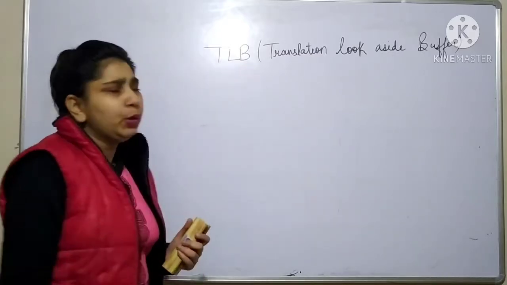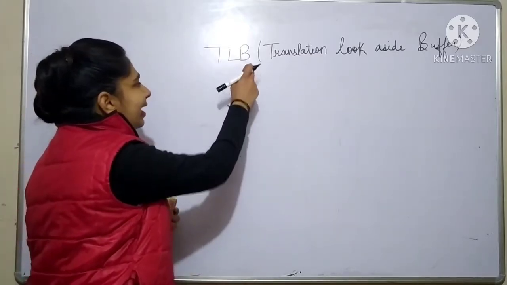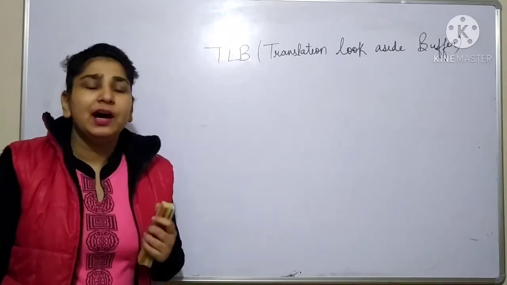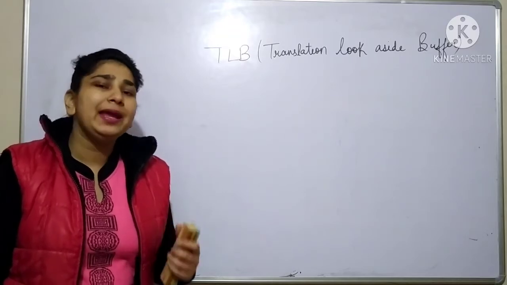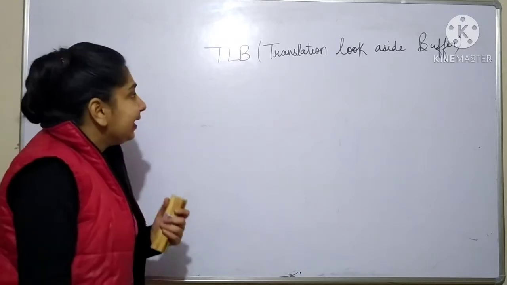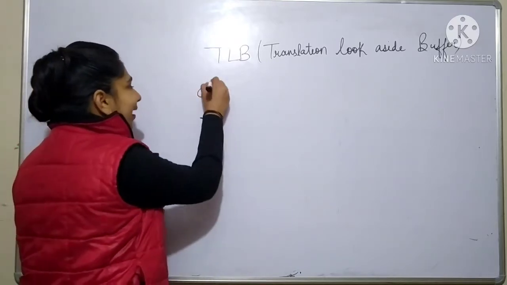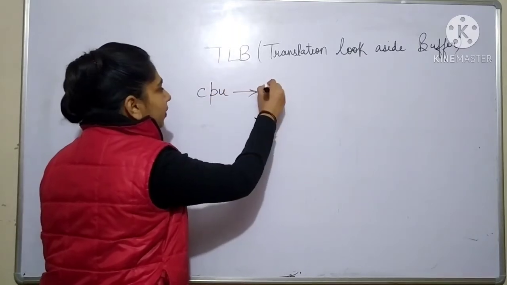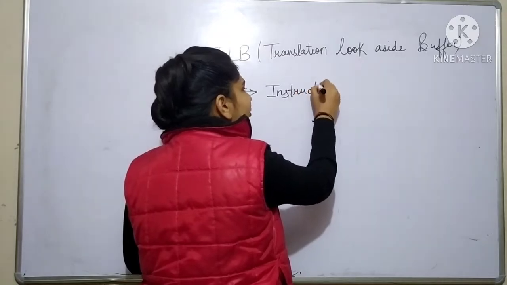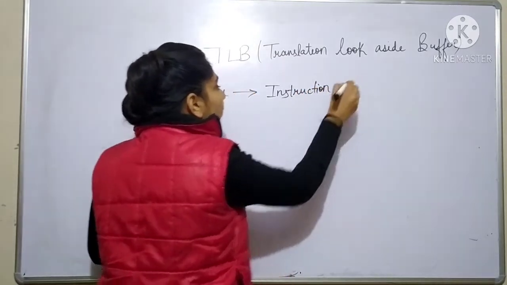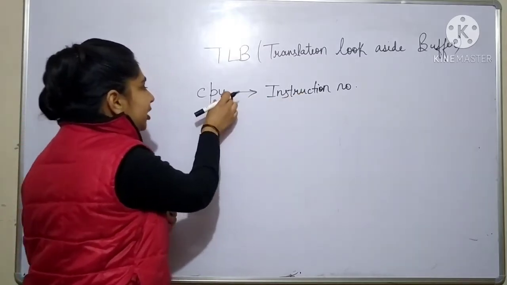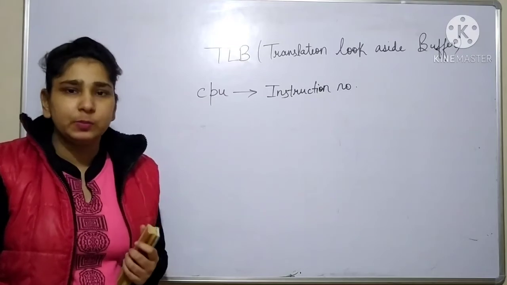Okay, so why do we really need to use TLB? What is our purpose? We want our instruction to be executed as fast as possible. If your CPU is requesting some instruction number, we want to provide that instruction to the CPU as fast as possible.